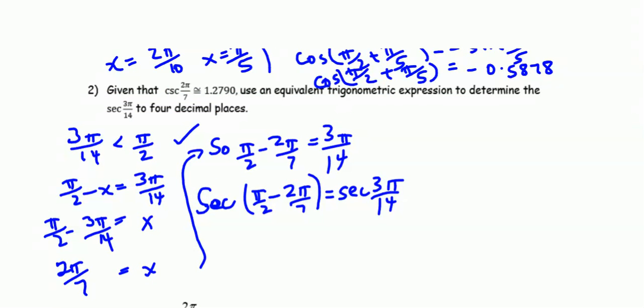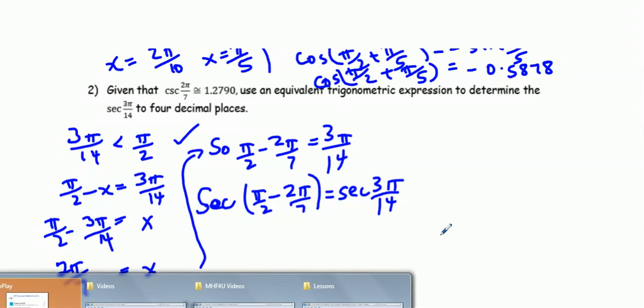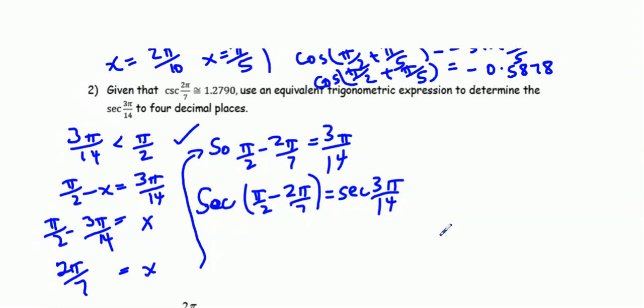So I can go back, see, and I can say the secant, just write out the identity of pi by 2 minus x is going to equal the cosecant of x. That's your identity. You're going to use that. Write it out, and don't put anything in yet. And then you're going to start substituting in.